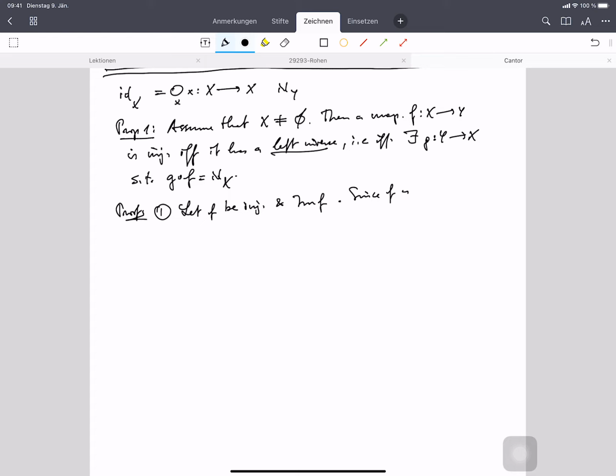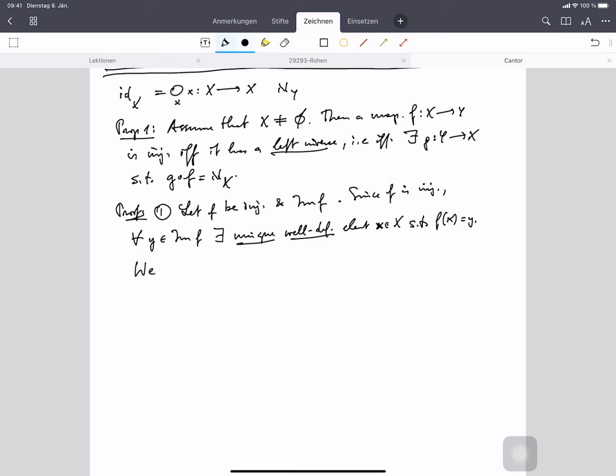Since f is injective, for every y in im f there exists a unique, well-defined element x in X such that f of x is y.